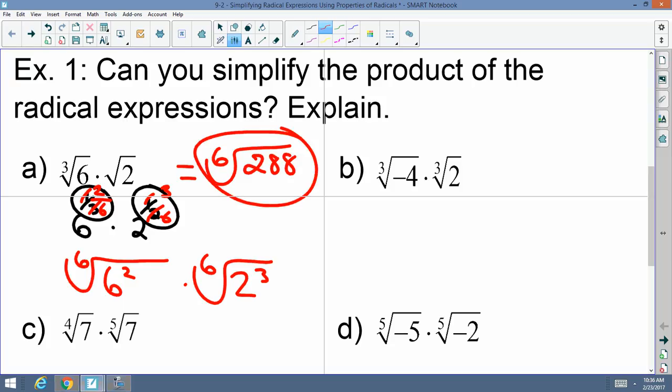So I can multiply them by manipulating the rational exponents to have the same denominator, thereby having the same index. However, straight up, you cannot multiply these the way they are. You can manipulate them and get an answer, but straight up, you cannot multiply those two.